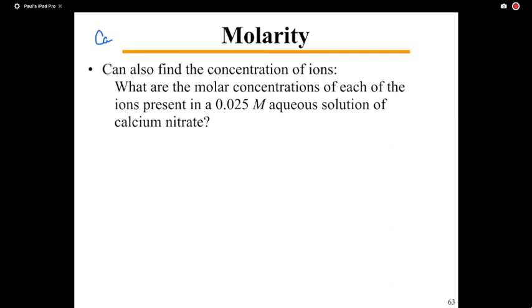Calcium, Ca, what is its charge? 2 plus. Nitrate, what is it? NO3, what's its charge? -1. So when I make this compound, I have calcium nitrate.